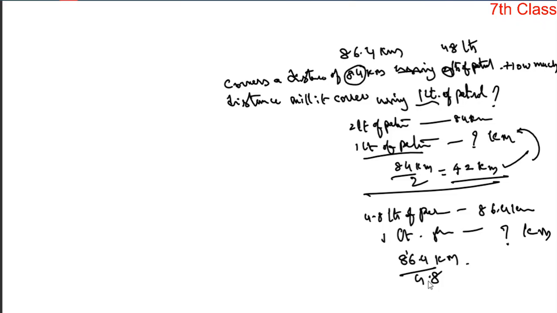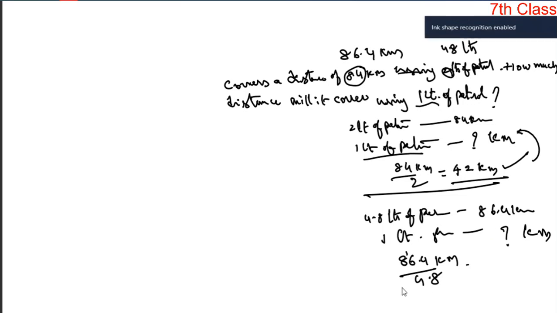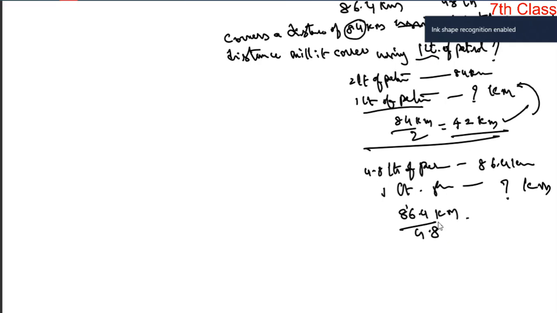Can you divide these two decimal numbers? 86.4 and 4.8 are decimal numbers. Suppose if these two were whole numbers, we could divide directly. But these two are decimal numbers, so we need to know the division of decimal numbers.